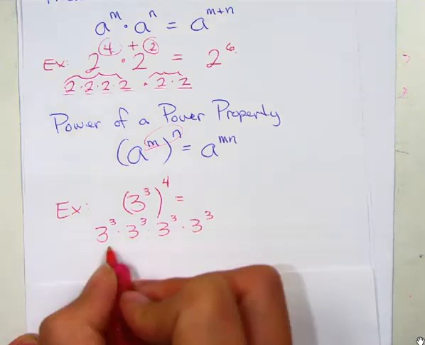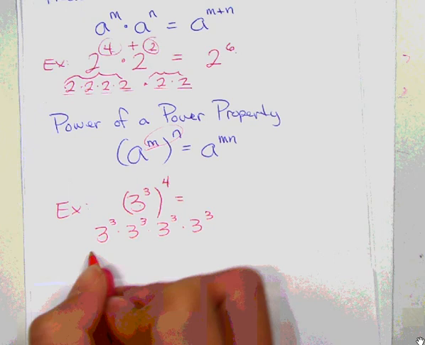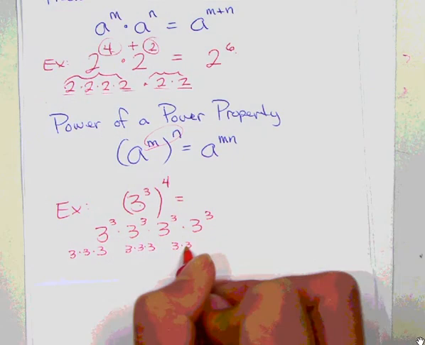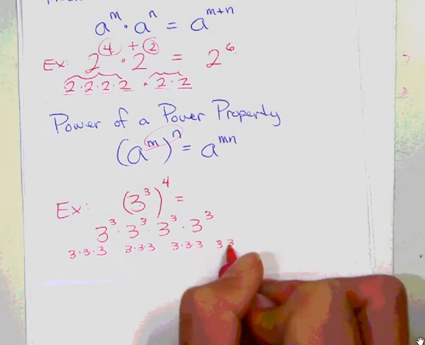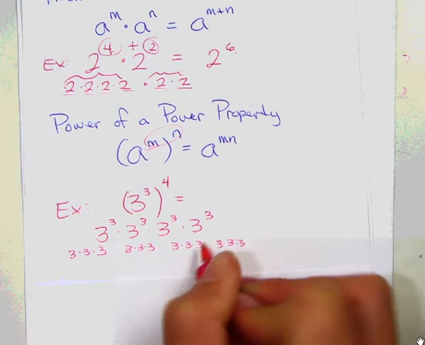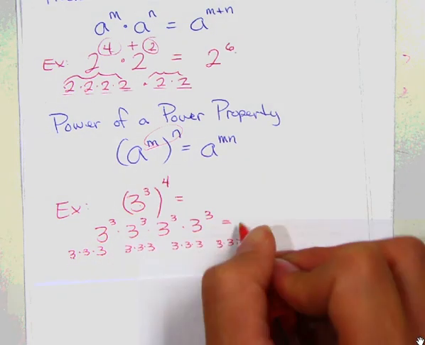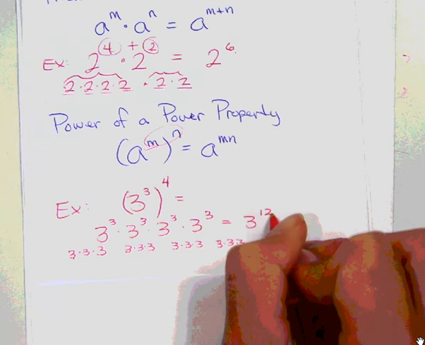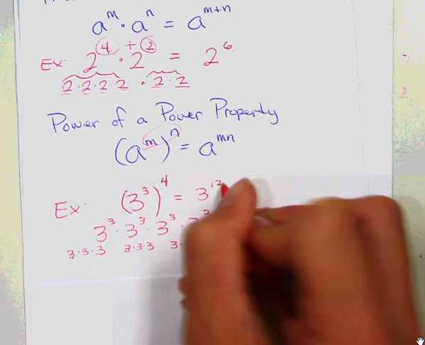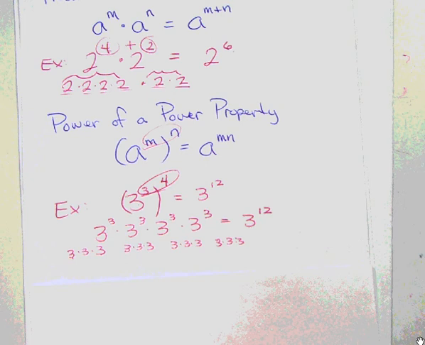And we remember that this is really 3 times 3 times 3, and we're going to do that 4 different times. So instead of writing this out like I did here, I can count them up and say there's 3, 6, 9, there's 12 of them. So altogether I have 3 to the 12th power. So the shortcut to that is just to multiply those two values together.